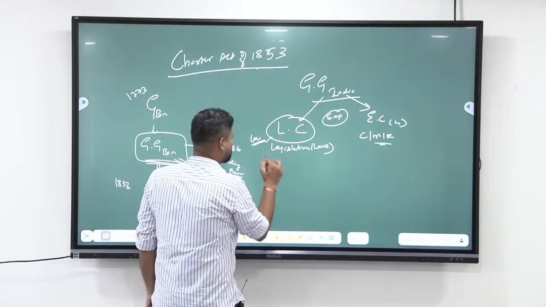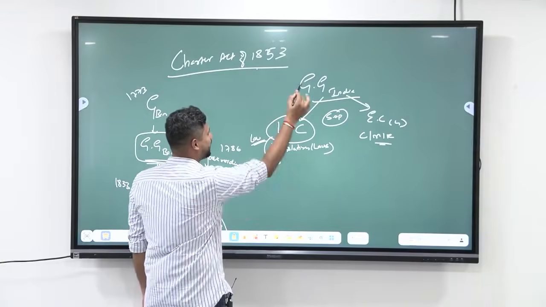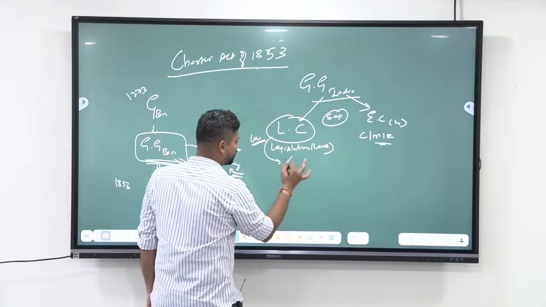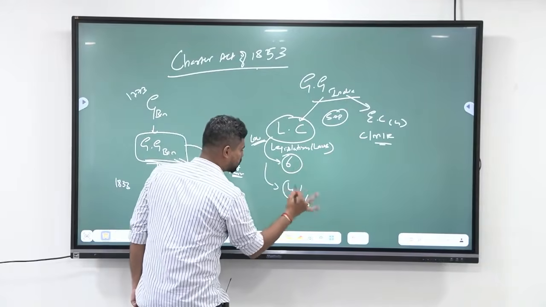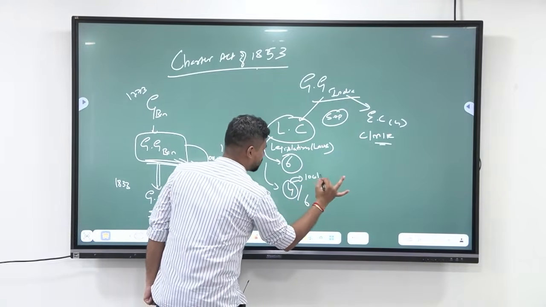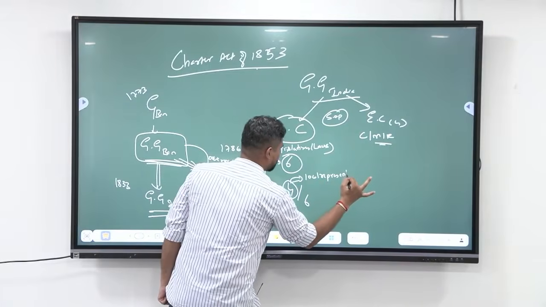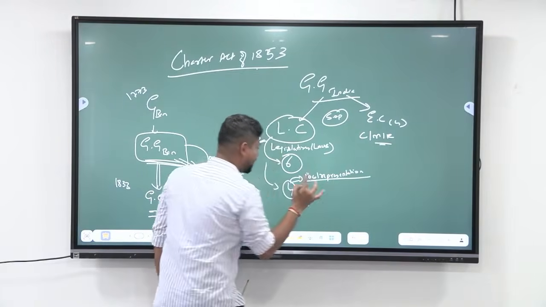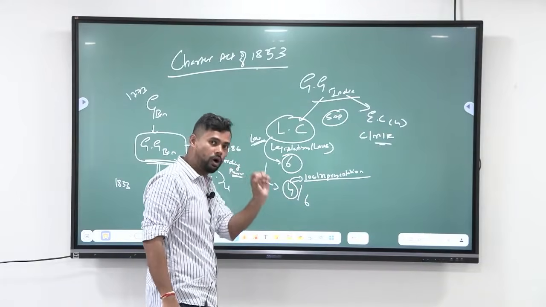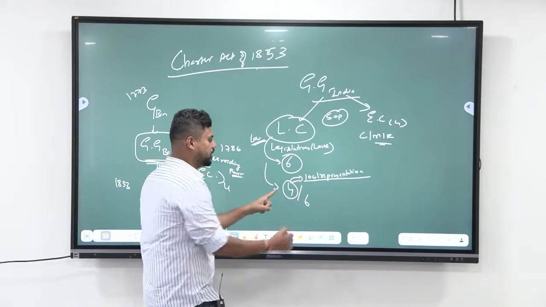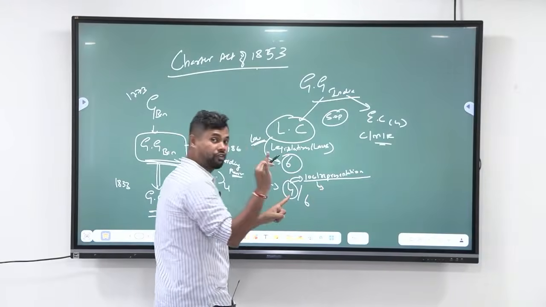Now look at this. They say that this Legislative Council that is created under the Governor General of India should have 6 members. And they also say that 4 out of these 6 members must be from local representation. But understand very carefully, it is not Indian representation, it is local representation. What does local representation mean? It means 4 members should come from 4 different provinces.